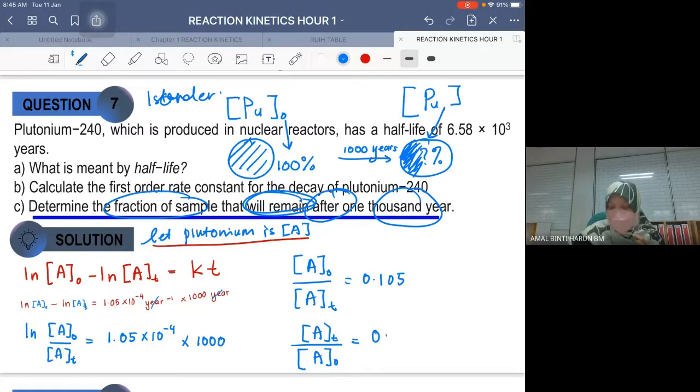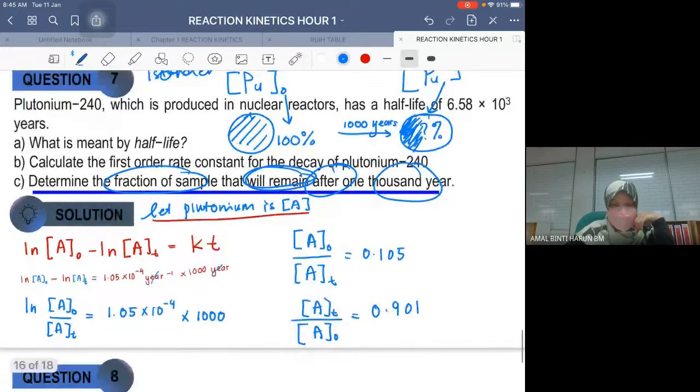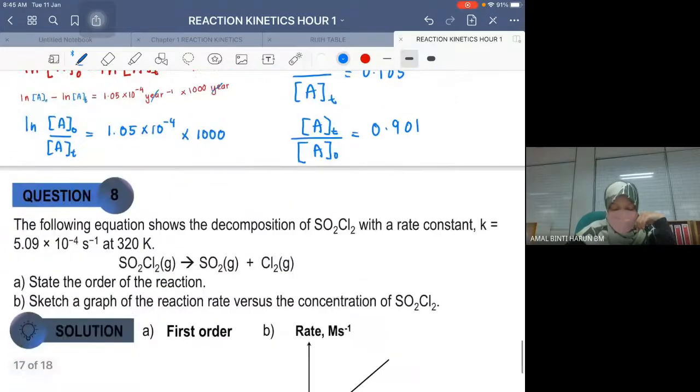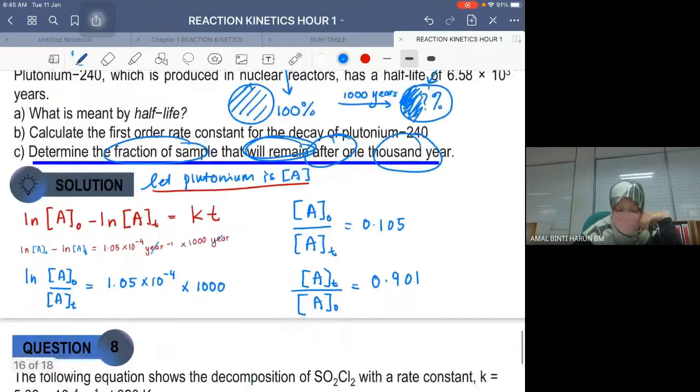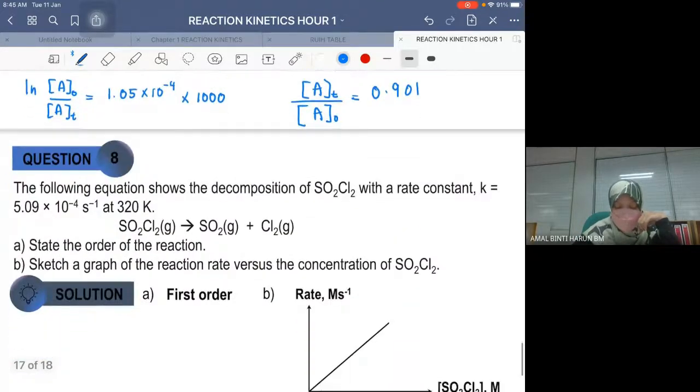Shiftkan, you akan dapat 0.901. You okay with that? Ada nak tanya kat sini? Tak ada. Nombor 8. Okay, soalan 8.